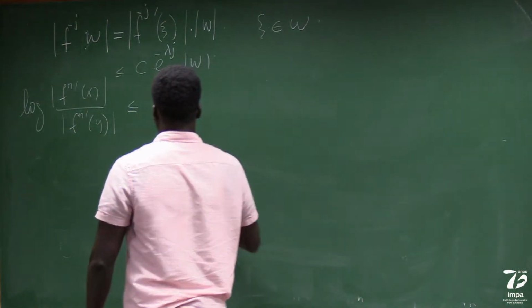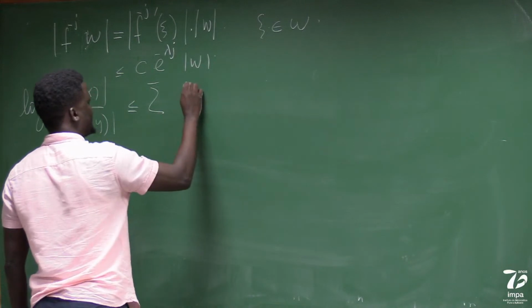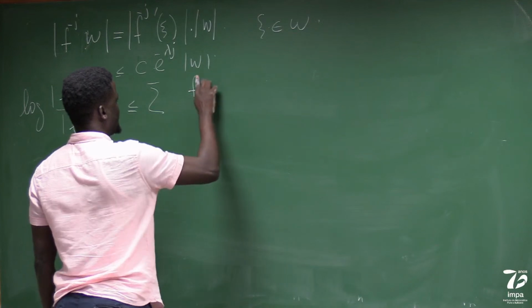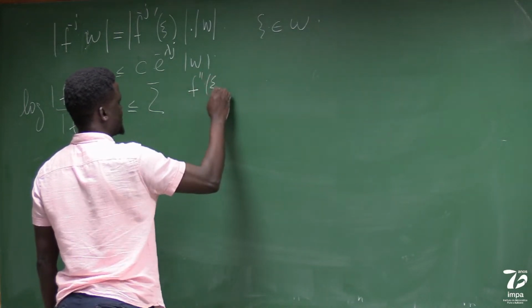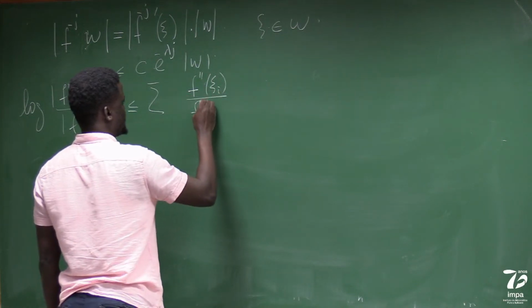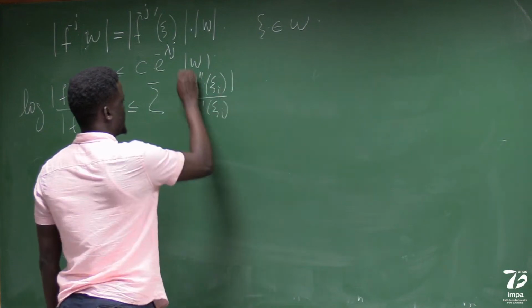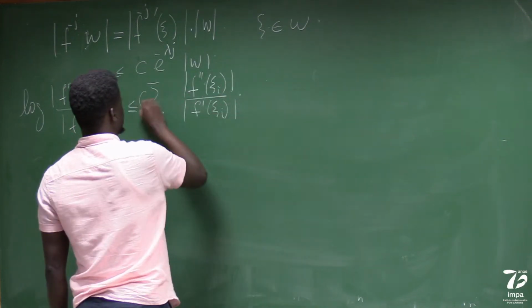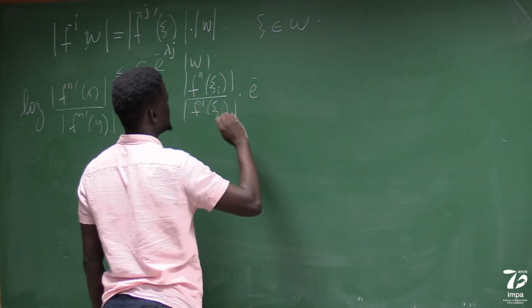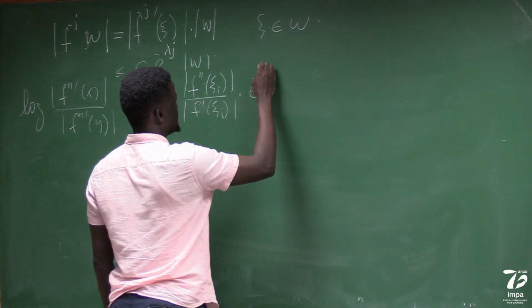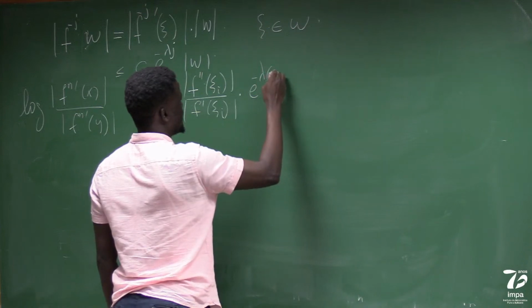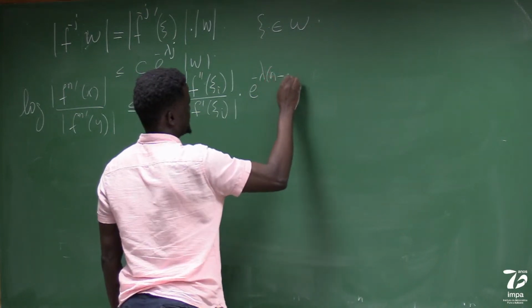So this is the sum of f double prime xi I over f prime xi I. So c e to the minus lambda n minus I if I want.